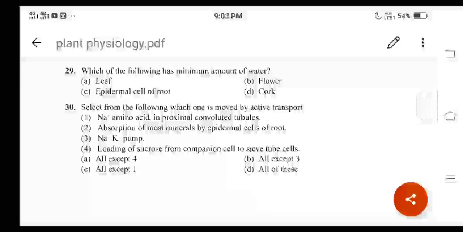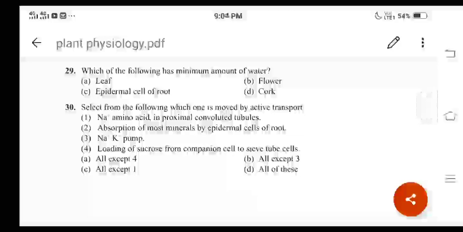Remember, this first statement is related to human physiology, that is excretion, but this is correct only. Then second one, absorption of most minerals by epidermal cells of the root, right? This is also correct. Then Na+ K+ pump, this is also correct.